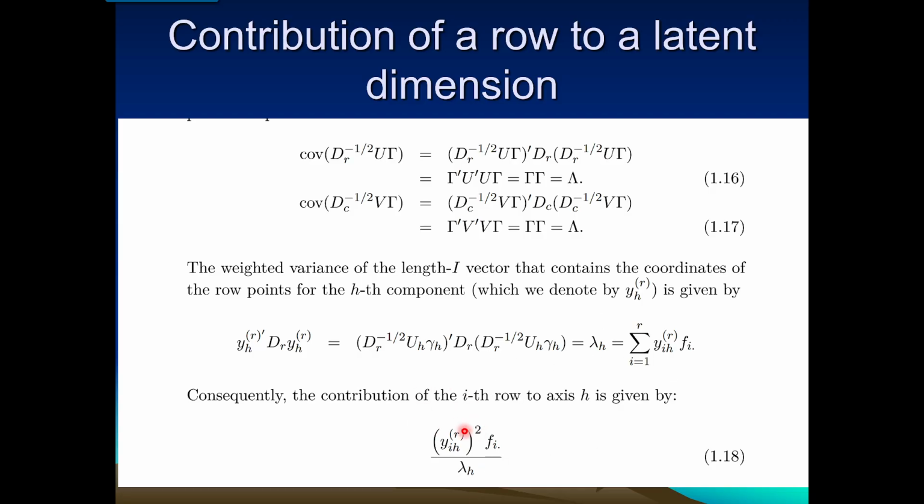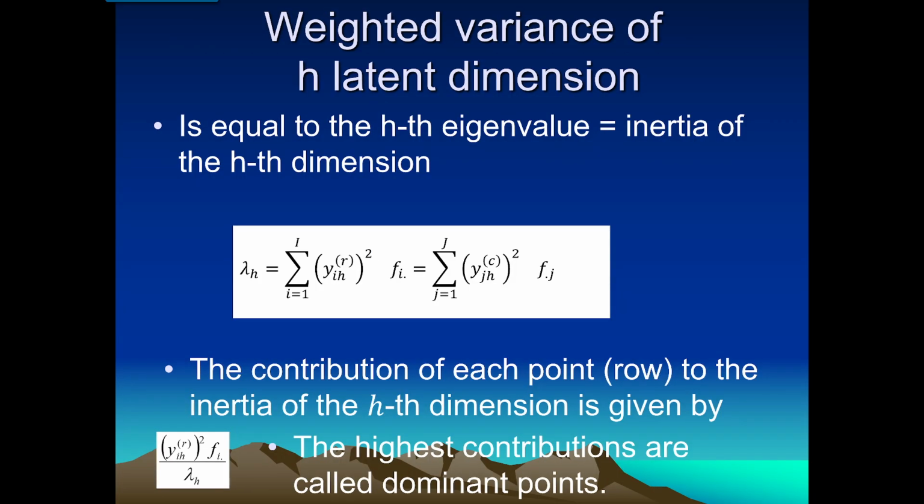Therefore, the contribution of the ith row to the h-axis is given by the single element of the sum with respect to the total. Right. And in fact, here it was written correctly. Right. So, therefore, the points with the highest contribution are called dominant points.